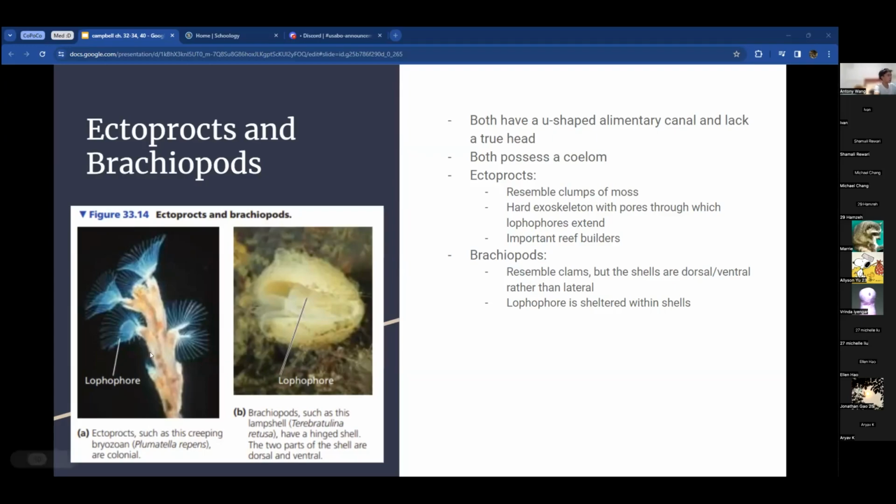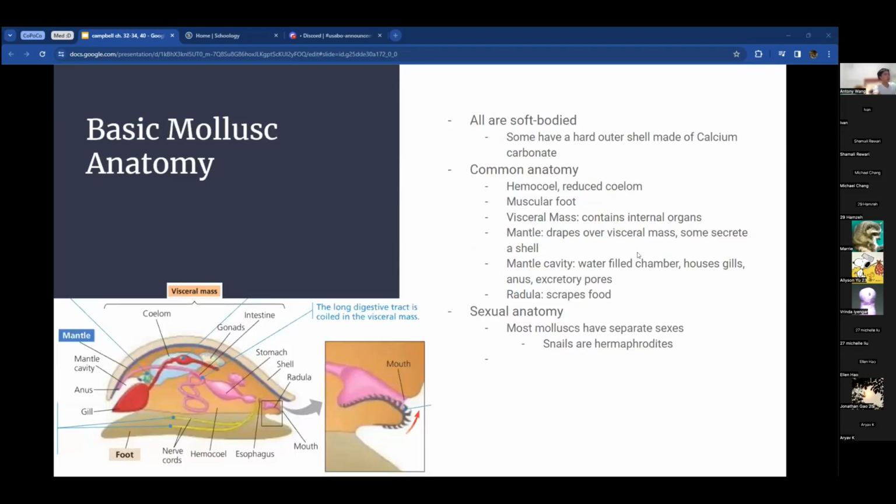The structure is hardened, like coral, and extends lophophores out of holes to feed. These are important reef builders. The brachiopods are like clams, except their shells open up on a different axis, right? They're fake clams.